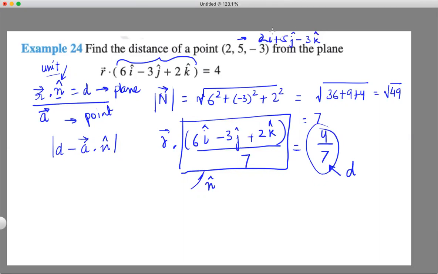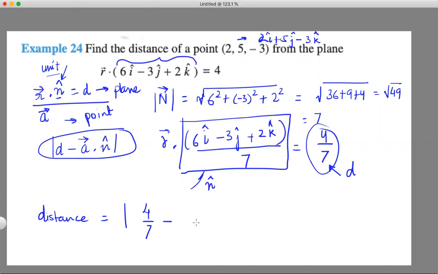So now we can apply the simple formula, which is this. Okay, d is 4 by 7 minus the dot product of this and this. So let's do the dot product.